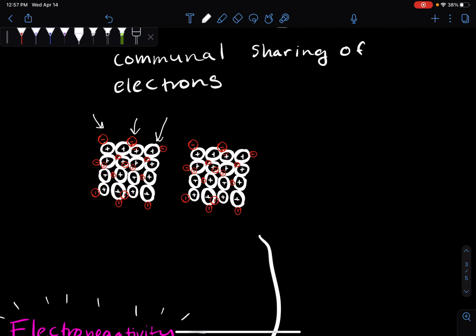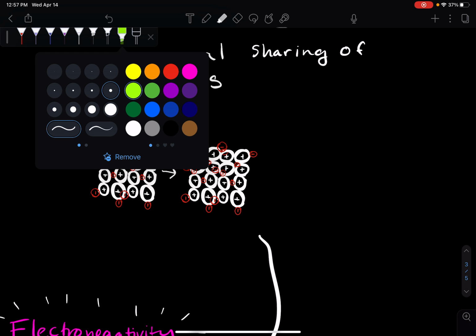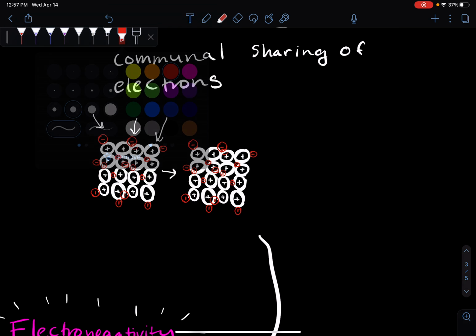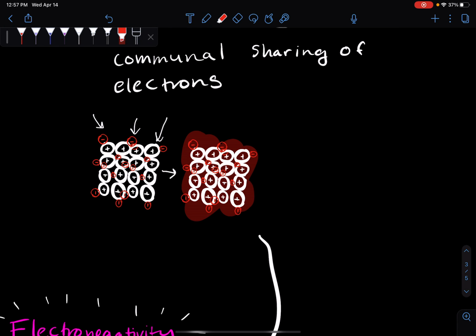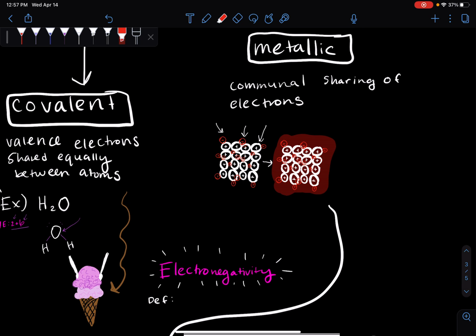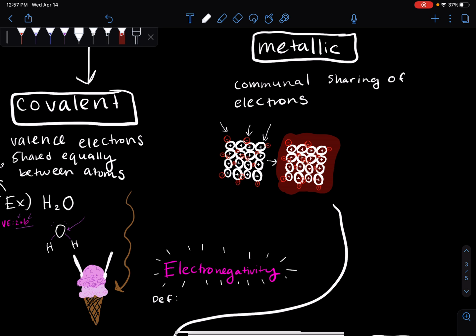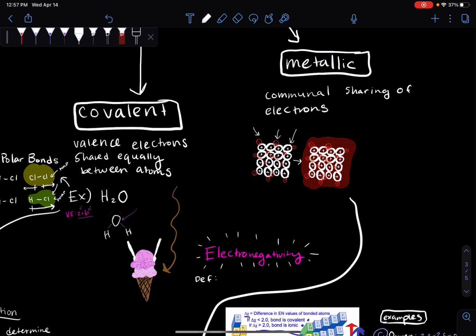These electrons are going to become delocalized, and they're just going to end up floating around all over the place. That will make more sense when we talk about molecular orbital theory. But for now, all you need to know is that there are metallic bonds, and those are formed by metals, especially transition metals.